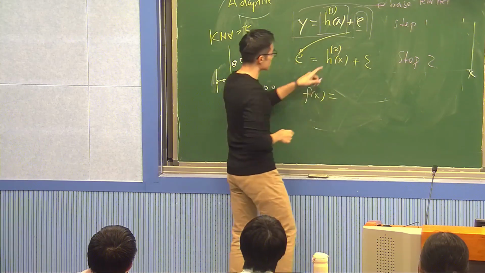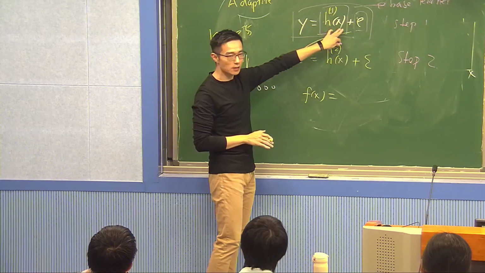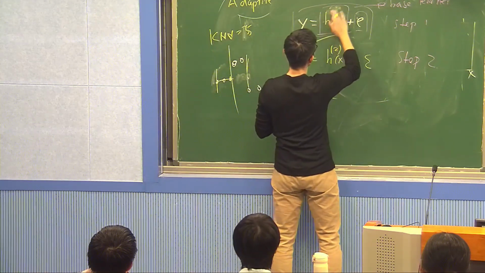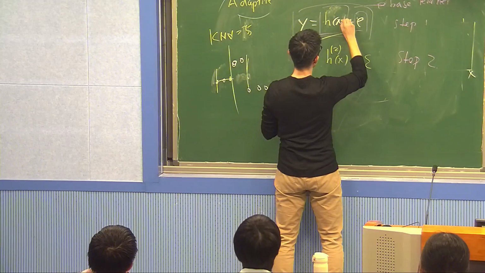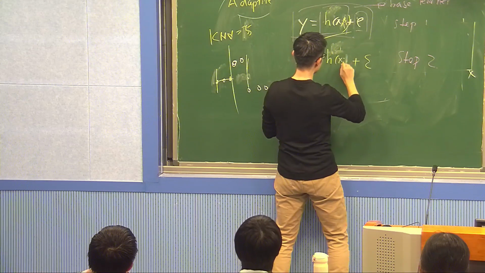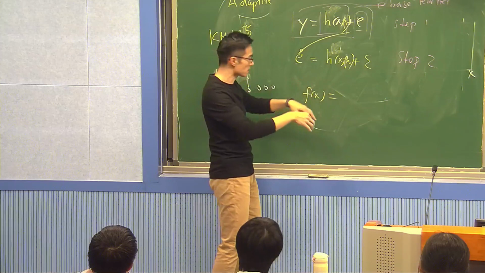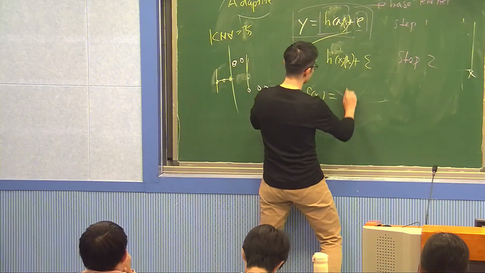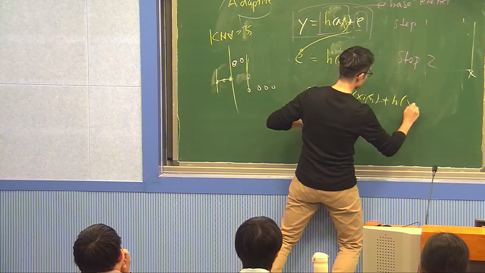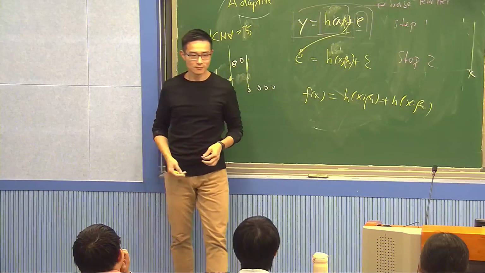Every time you fit, it can be the same H, but every time you fit it, it's going to give you a different coefficient. So let me call this H(x) beta 1 and this H(x) beta 2. They're the same model, but in the end, you have a different estimate. So my final f(x) is simply H(x) beta 1 plus H(x) beta 2. It's really simple.